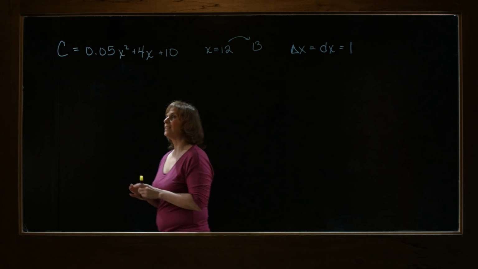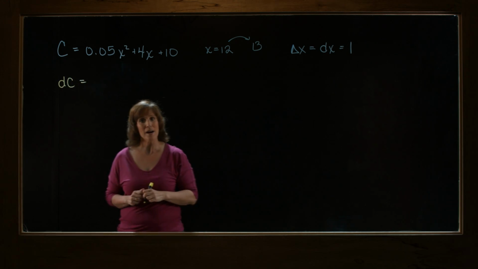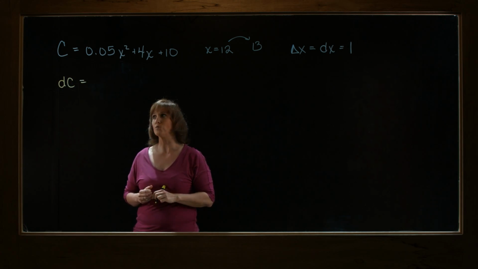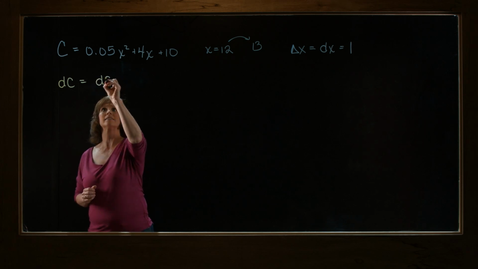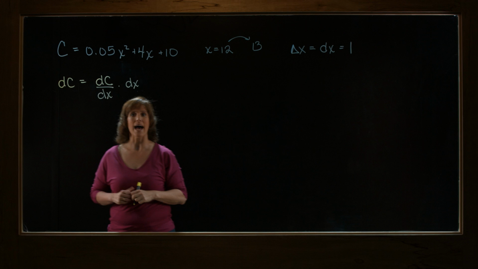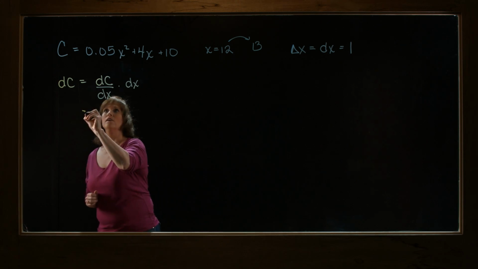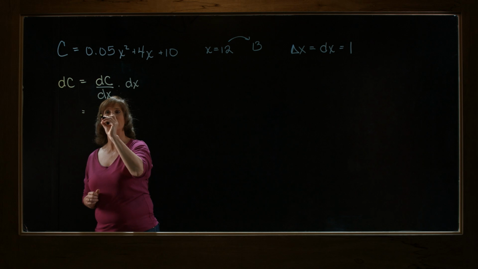So we'll calculate the differential dc. Now we know how to do this. We first find the derivative, dc/dx, and multiply by dx. So we need to calculate the derivative. So this is a constant multiple times x squared.